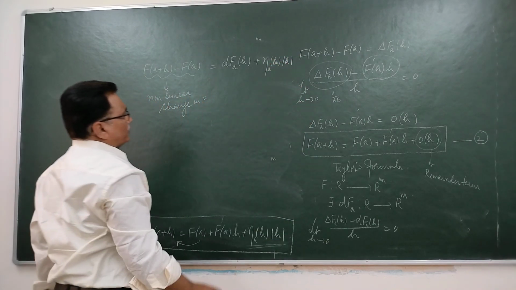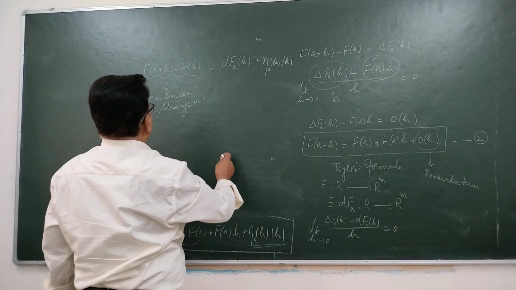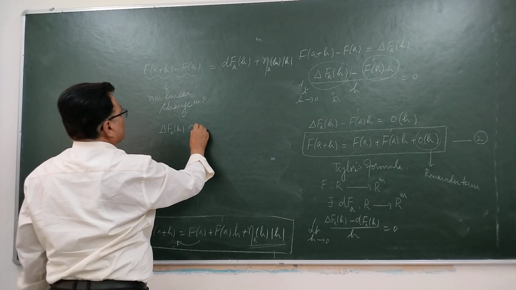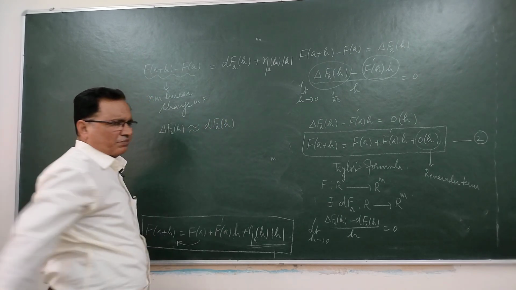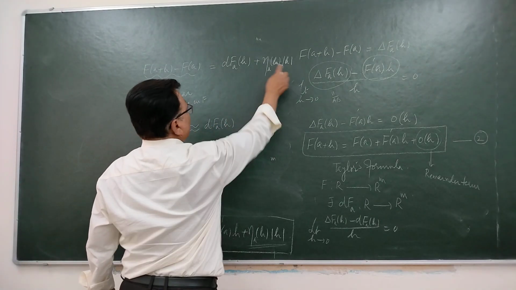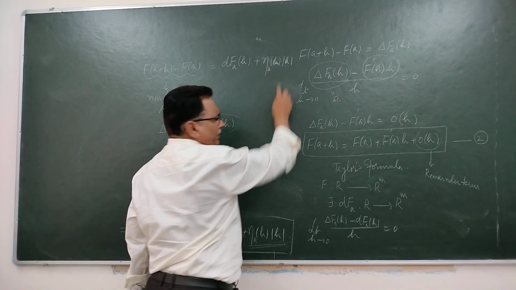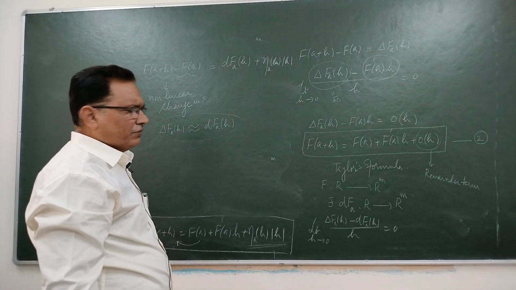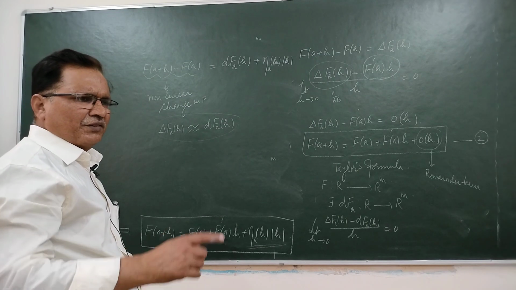This is 0 at h equal to 0, and at other places it is continuous. So what you see is that delta f a h is approximately equal to d f a h. It is not exactly equal. It is equal to this plus something else also, but approximately in a small neighborhood of h. When the values of h are very, very small, these two quantities will be equal.